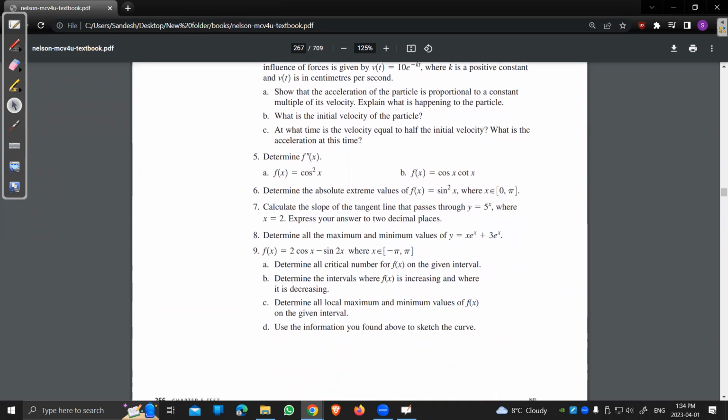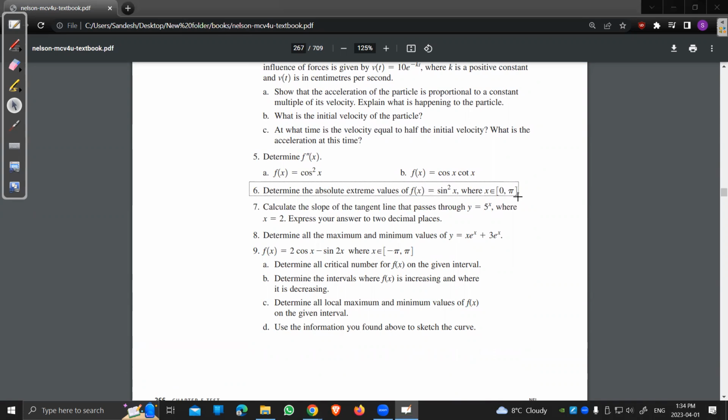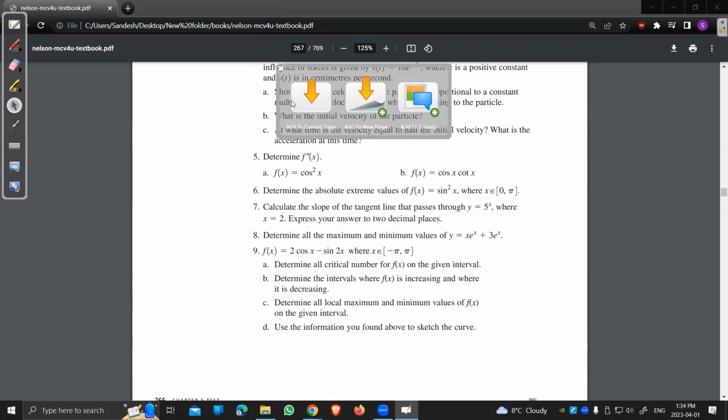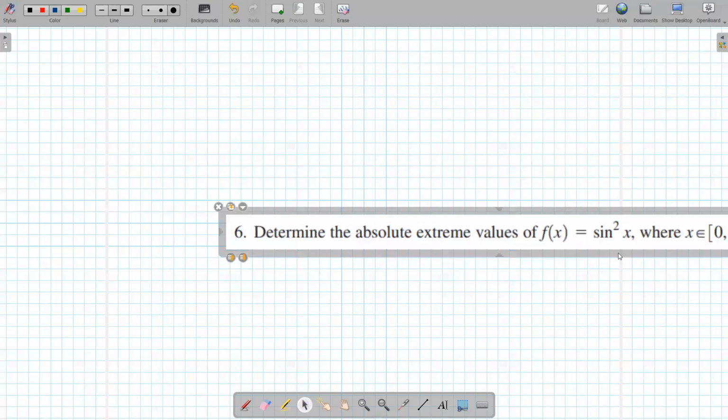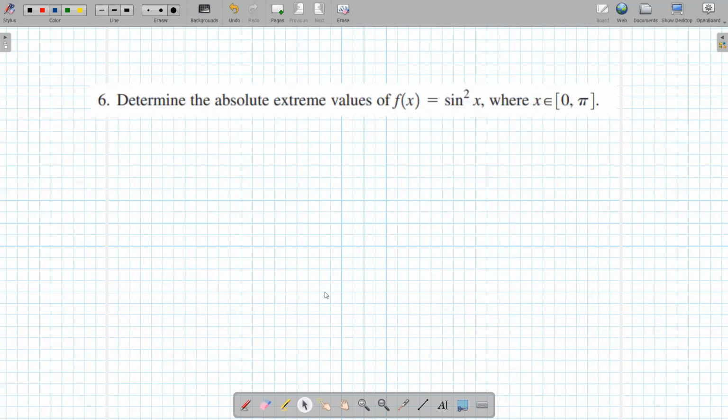All right, what should we do next? Let's do one of these questions. It says, don't know if you're ready for this though. The absolute extreme values. So these guys, okay, look at the extreme values.